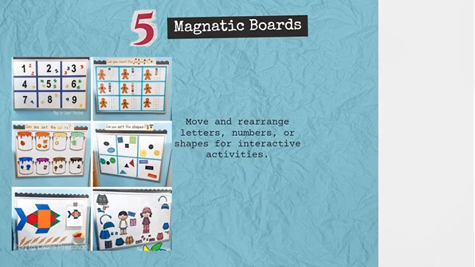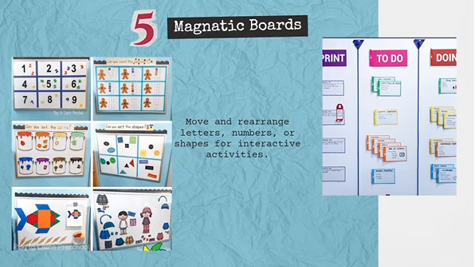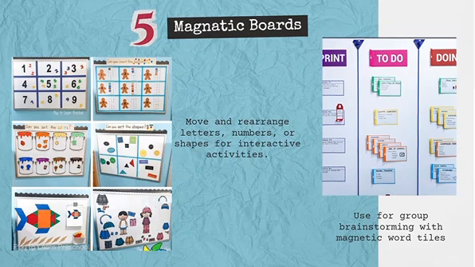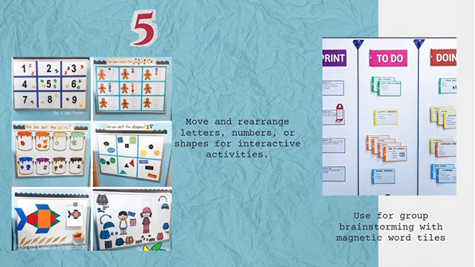So teachers can use magnetic boards to move and rearrange letters, numbers, or shapes for interactive activities. This is really useful in language classrooms and also mathematics classrooms as well. Also, teachers can use magnetic boards for group brainstorming with magnetic word tiles. It would also be really helpful for effective learning.